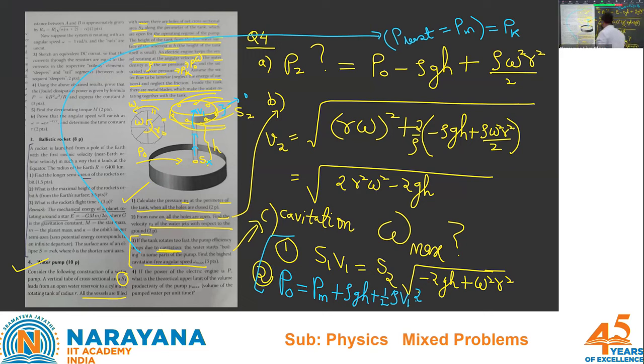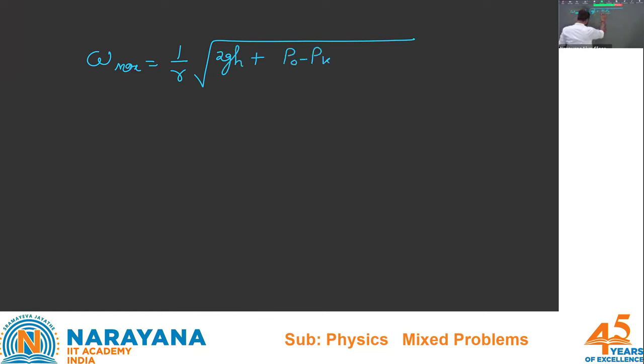So you just write and solve this equation. I'll tell you, when I substitute PM to Pk and solve these two equations, one result that I will have is omega max, and that comes out as 1 by R, after solving all the equations, root of 2GH plus P naught minus Pk upon rho minus GH whole multiplied by S1 by S2 the whole square.